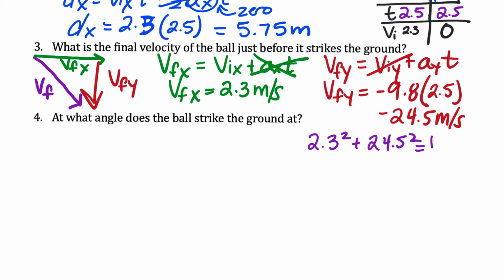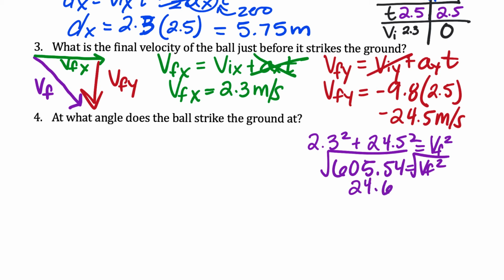And then that's going to equal our final velocity squared. So we're just going to solve Pythagorean theorem just like we did when we learned vectors. The left side here is going to equal 605.54 equals VF squared. And then square root both sides, and you get 24.6 meters per second as your final velocity. And that's your answer for number 3.